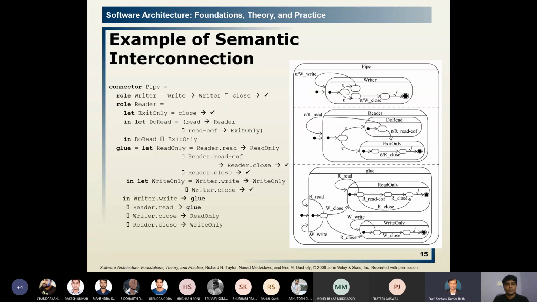Okay, next. So one example here, the connector type is pipe. Connector pipe, then the role writer, it writes with the interconnection close. Okay. Then the role reader, that exits only.